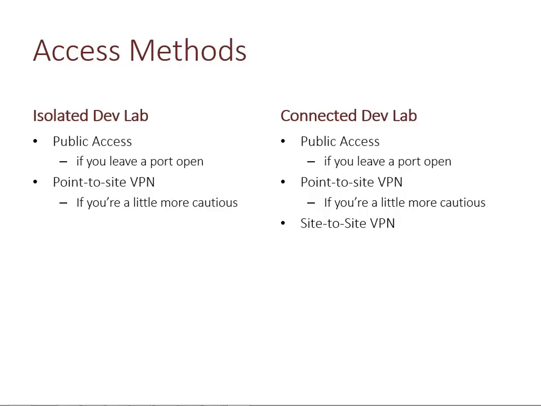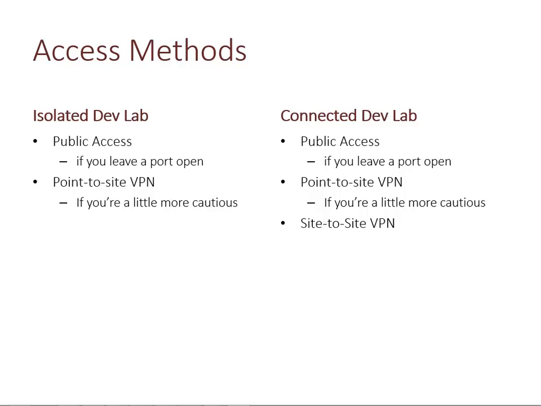You can actually use point-to-site VPN, which would use SSTP over HTTPS, and that means you can get out in a way that's going to be a little bit friendlier with your firewall. And the point-to-site VPN also means that you could potentially lock down the machines by not exposing a public port if you were a little bit cautious about some kind of external attacker being able to get to your machines.